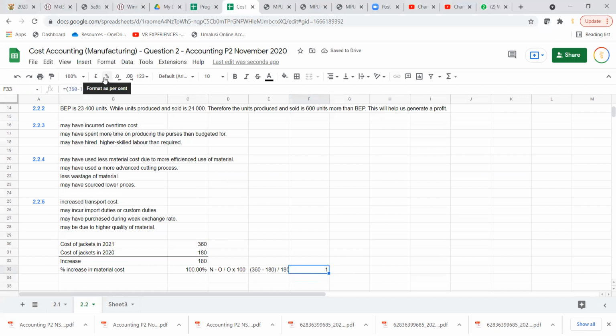So 360 minus 180 gives me the 180. So I just said the increase amount divided by the old amount of 180, which gives me the 100% increase. Okay, so that's that.